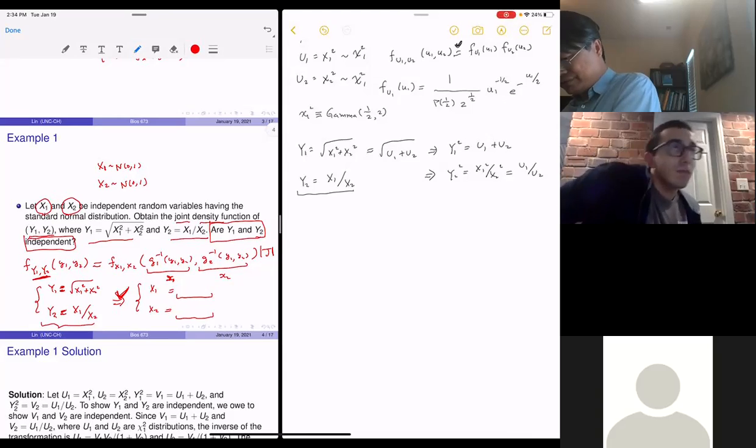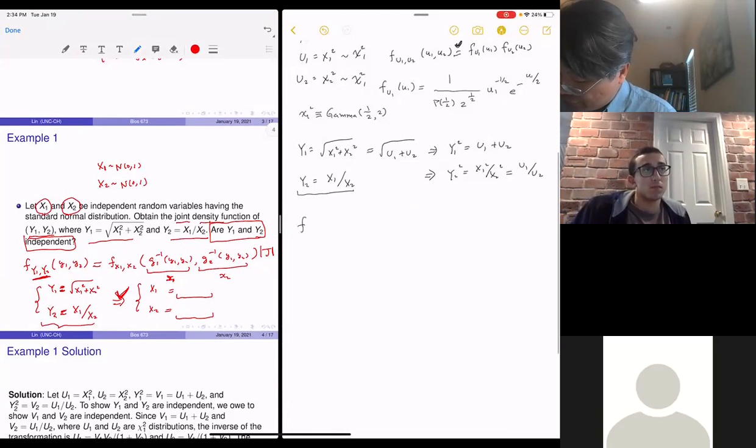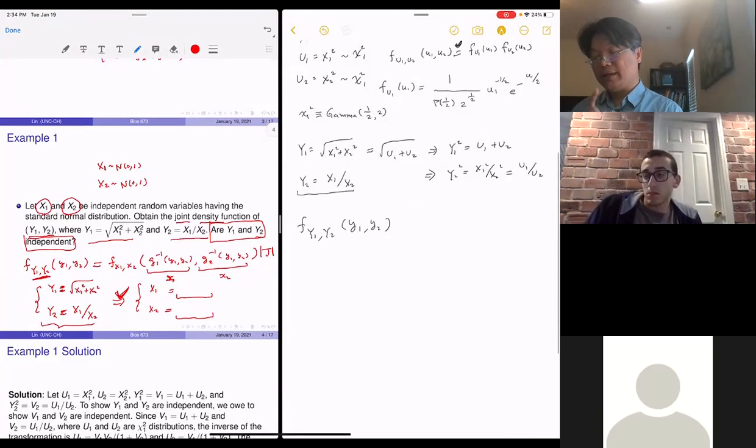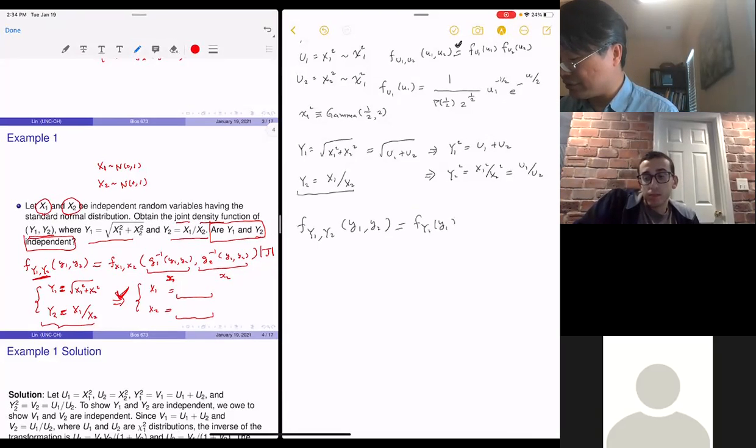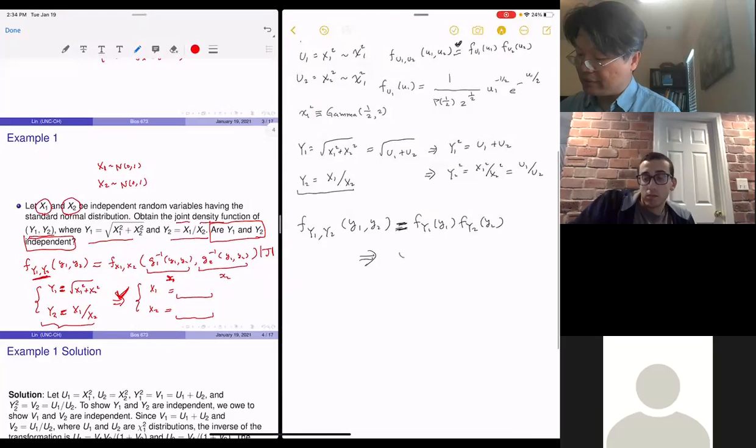When solving statistical questions, you're always asking yourself, what's the first step? If I'm asking you how to show Y1 and Y2 are independent, it's always about showing their joint PDF can be written as the product of the marginal PDFs. If I can show this equation, it implies Y1 and Y2 are independent, right?